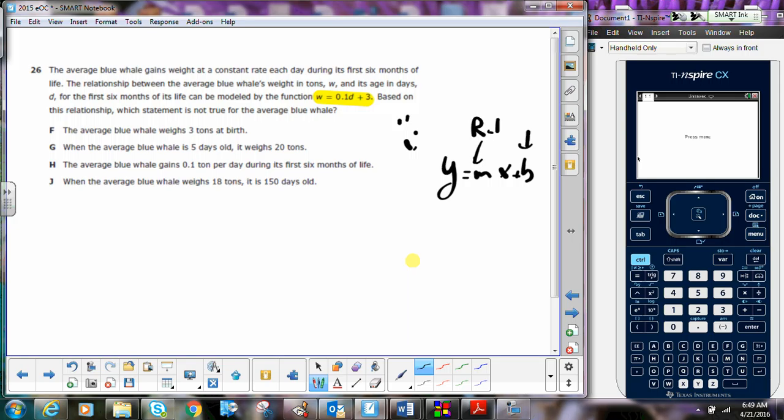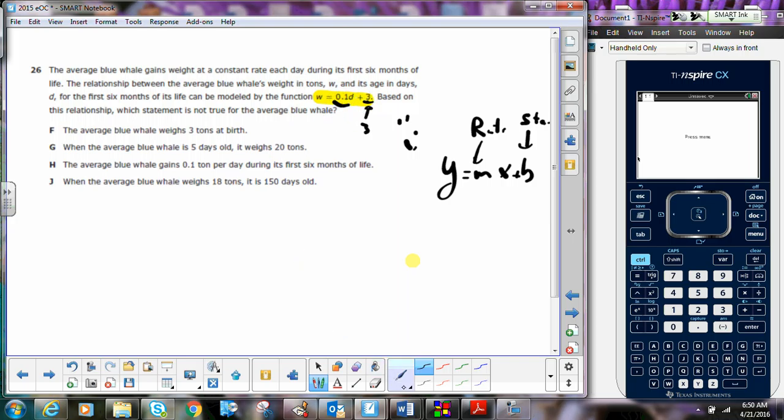In this case, let's talk about the weight. At birth, that's the initial weight. The initial weight is 3. And then each day, the whale gains 0.1 ton. So we know how to read this equation.